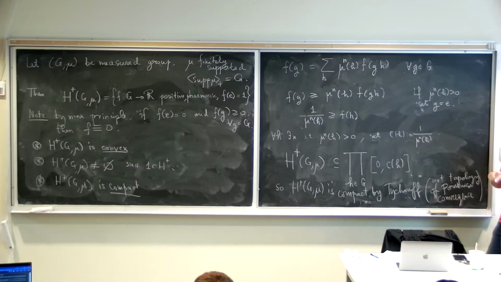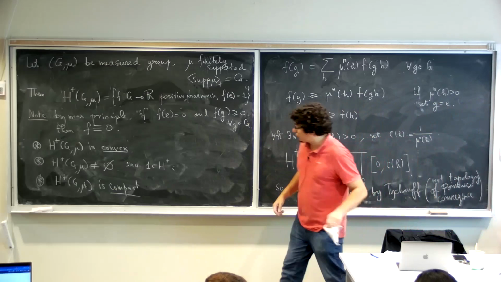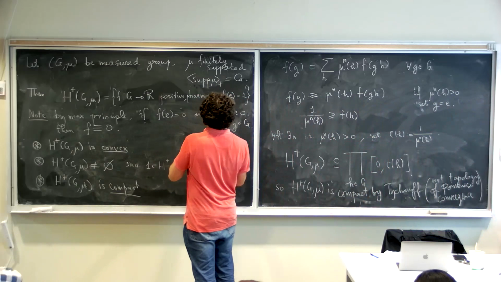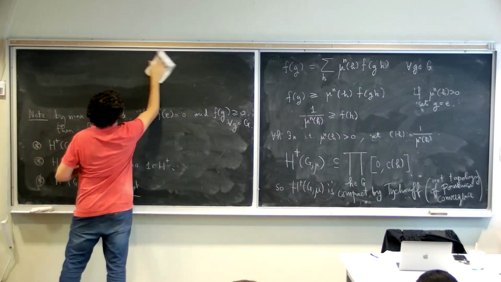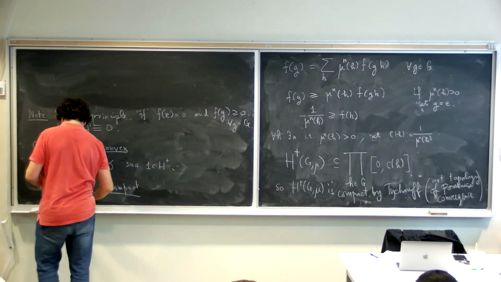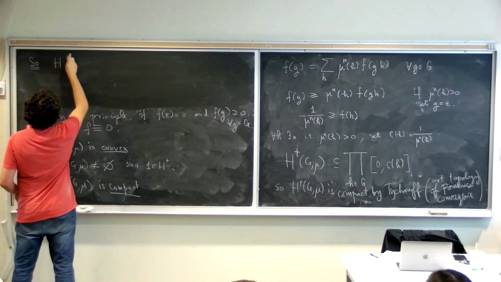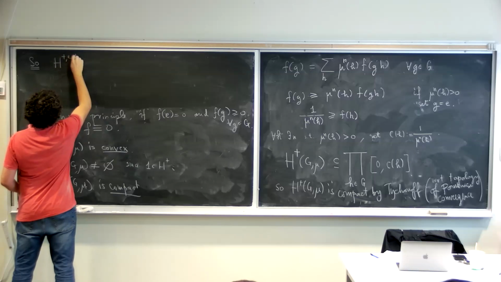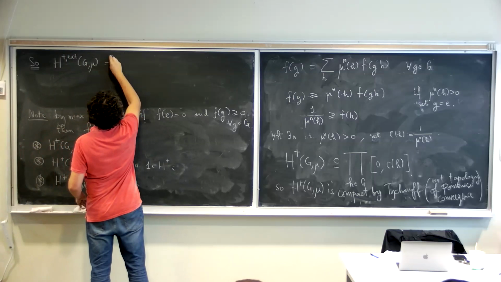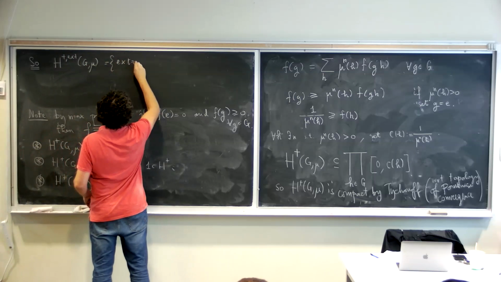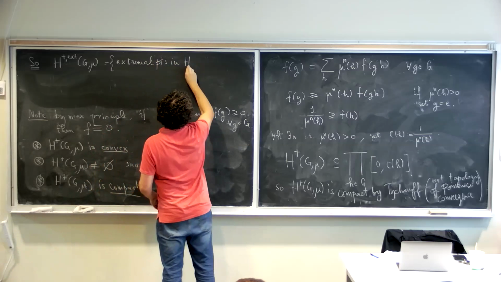Okay, good. And so as a corollary, we can define X plus, extremal of G, mu, equals the extremal points in this compact convex set.